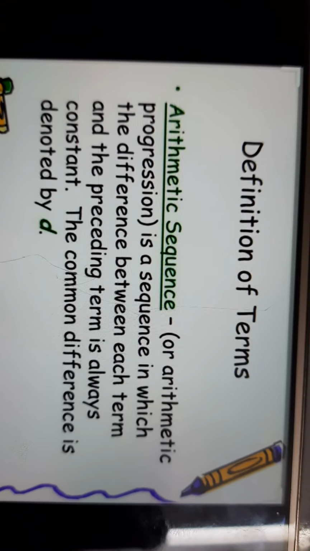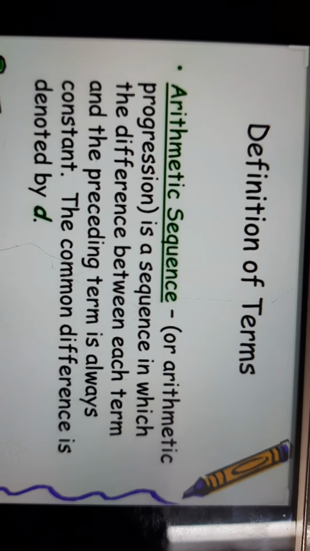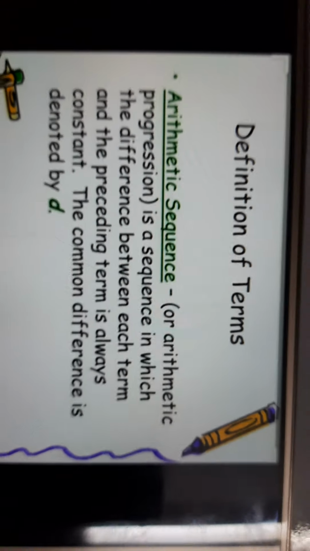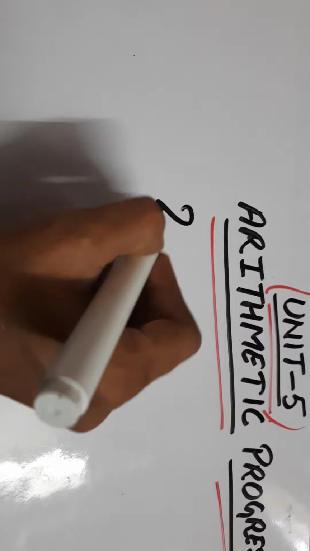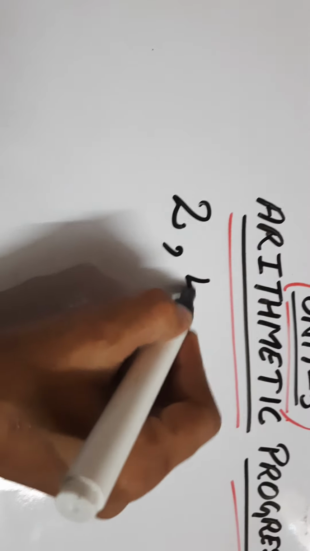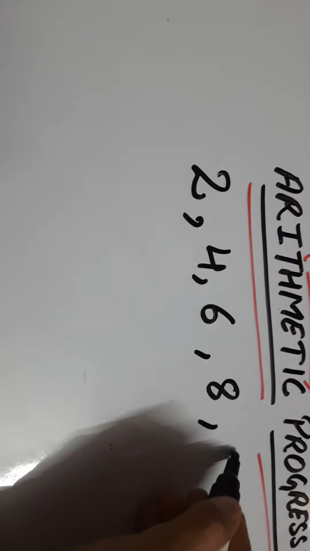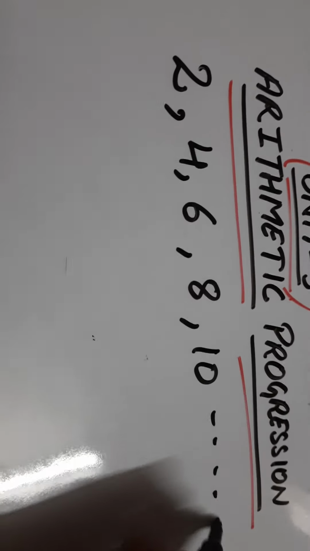So what does it mean? Let me explain this definition by taking a few examples. Let us take a series of numbers like 2, 4, 6, 8, 10 and so on.